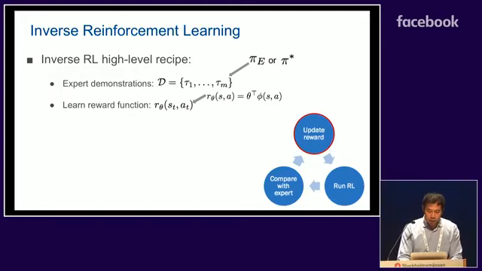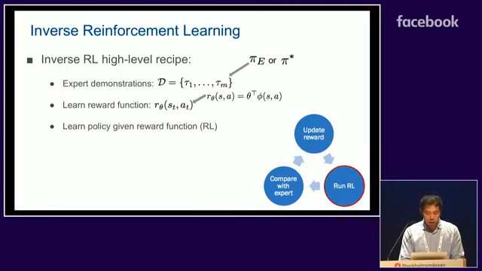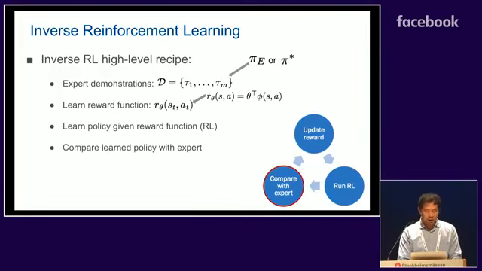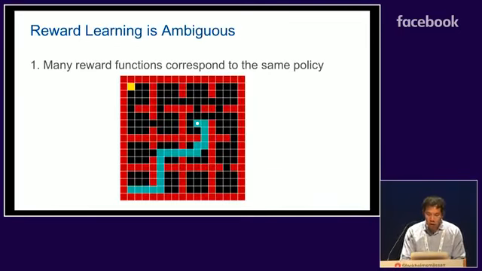And then often, we would update the reward parameters in a loop. Given a reward function estimate, we then try to learn a policy conditioned on that reward function. And then we would compare the policy that we learned with the expert data. If it's not satisfactory, then we would repeat to find a better set of parameters, theta, and so on. Okay, so that's the overall structure.